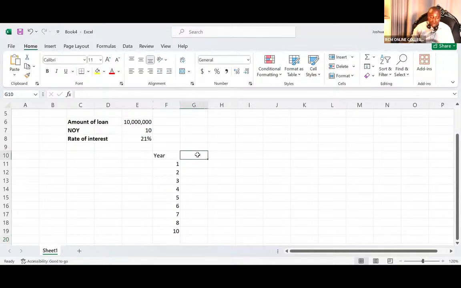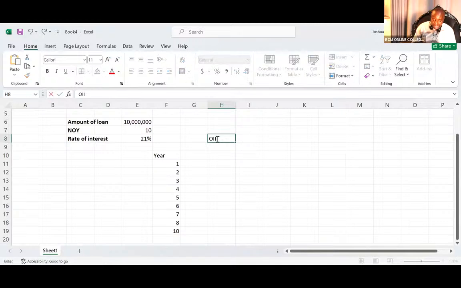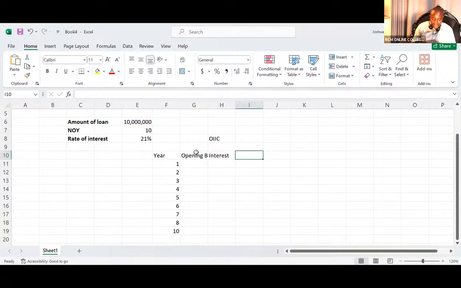So then we have our opening balance. Remember, it's OEIC. If you remember the concept of OEIC here, we have opening balance. We have, ladies and gentlemen, here interest. After interest, what do we have? We have installment.